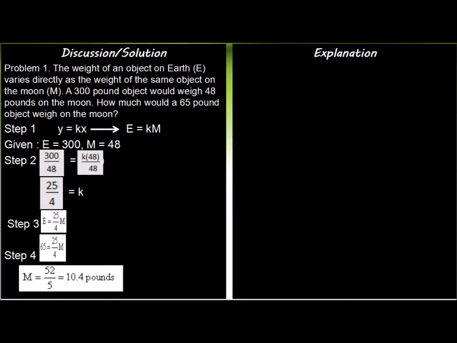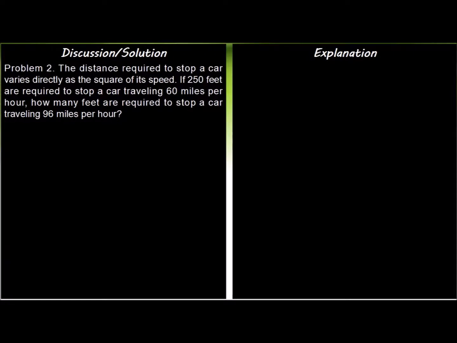And then we have to divide both sides of the equation by 4 to eliminate the 4 in the denominator. So what remains is we have to multiply 4 times 65 equal to 25m. And we have here our final answer. The value of m is equal to 52/5, or equal to 10.4 pounds.